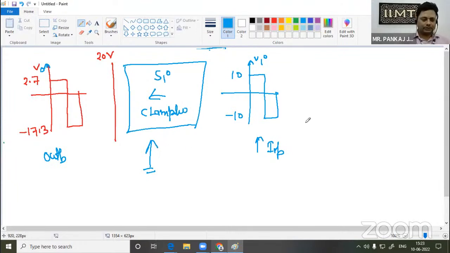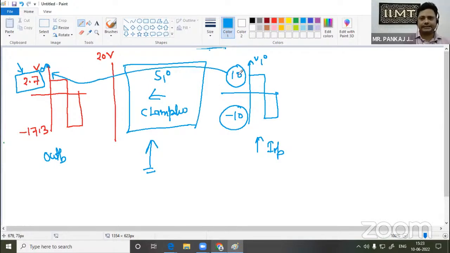For this type of question, concentrate on the lower value. Here lower value means the amplitude. This is 2.7 and the other one is 17.3, and our input is varying from 10 to minus 10. So obviously 2.7 is less than 10 volt.